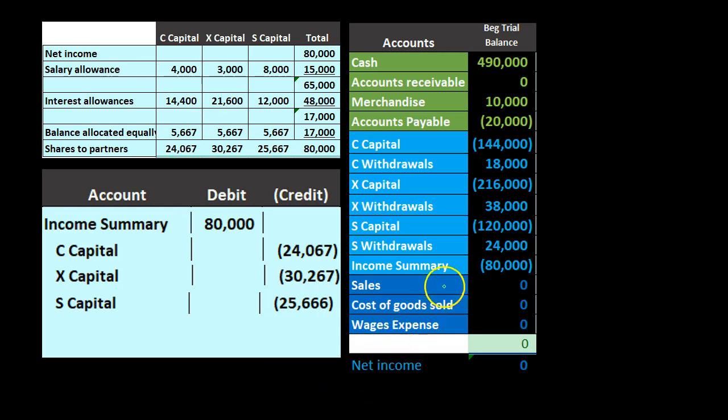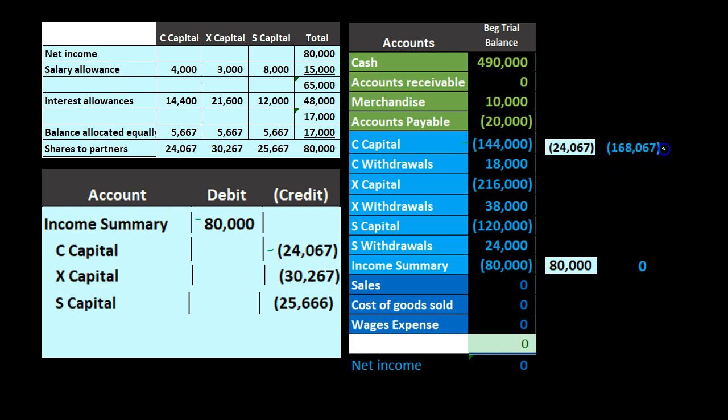When we post this, we're going to take the income summary account here. We're going to reduce it by this income summary debit and take that down to 0. Then we're going to post the capital accounts. We've got C's capital account up here. Note it's a credit balance in the capital account. We're going to increase it with another credit, bringing the balance up to 168.67.